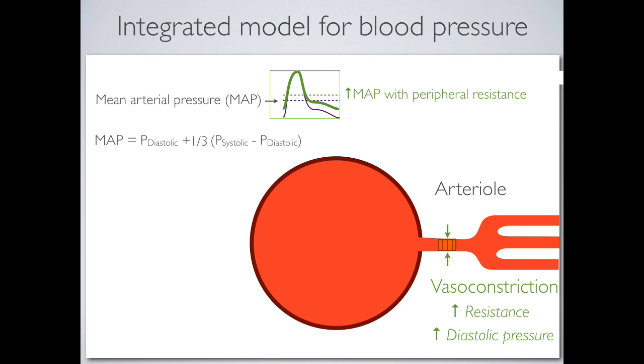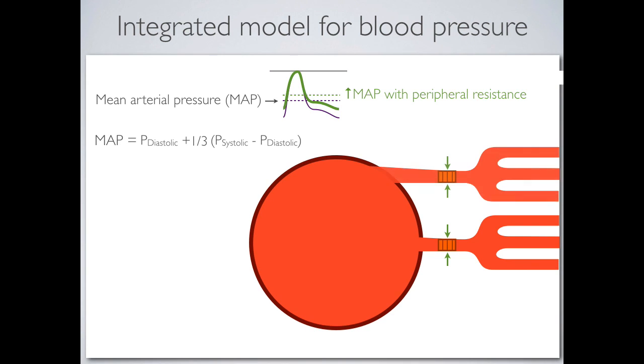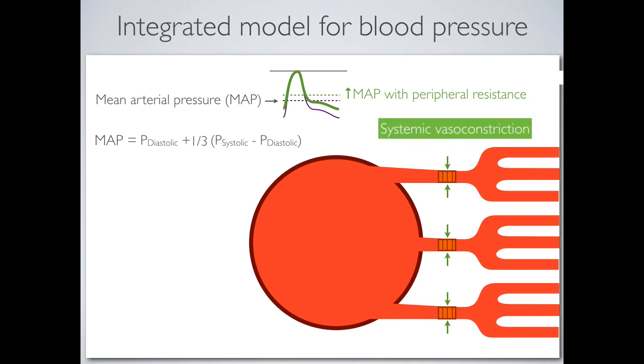This is what happens when, across the board, your body causes your arterioles to constrict. Okay, so we call that systemic vasoconstriction. And your autonomic nervous system has this ability to cause your blood vessels to constrict and prevent outflow of blood during diastole from the major vessels. And so that causes an elevation in blood pressure.